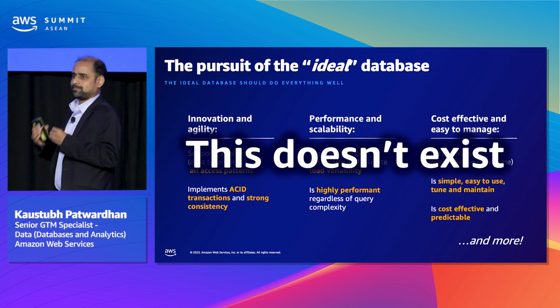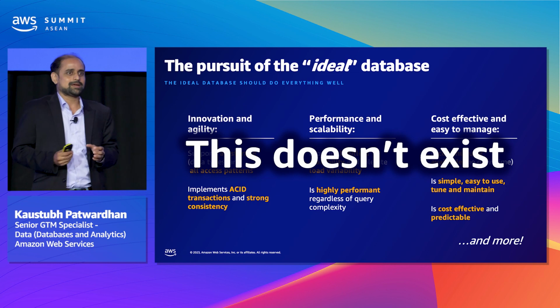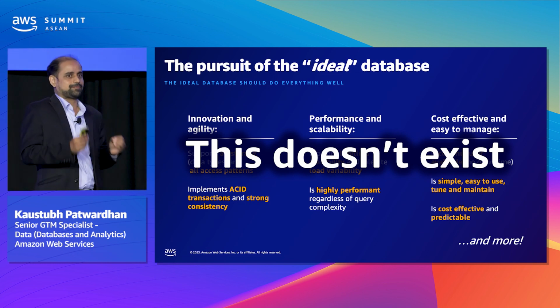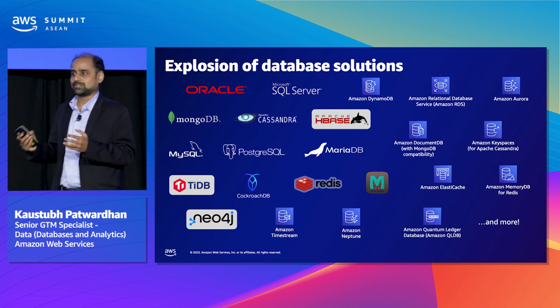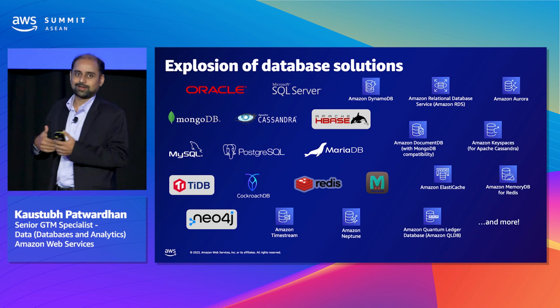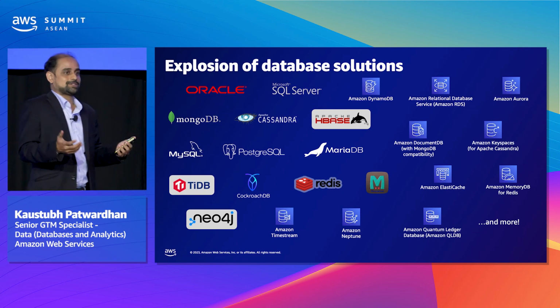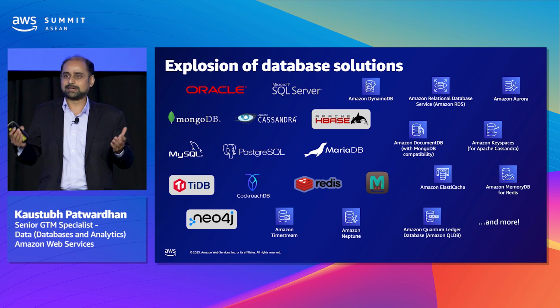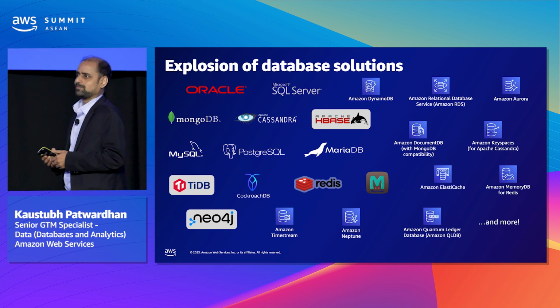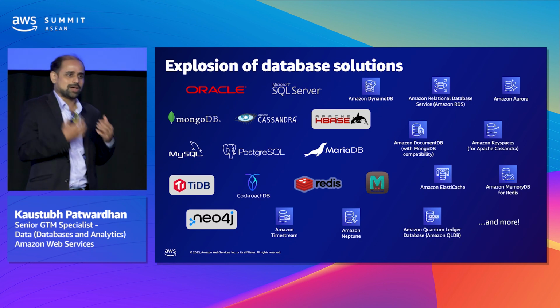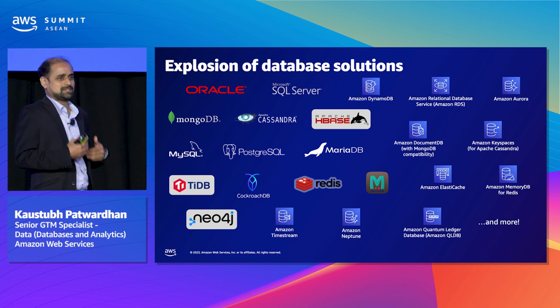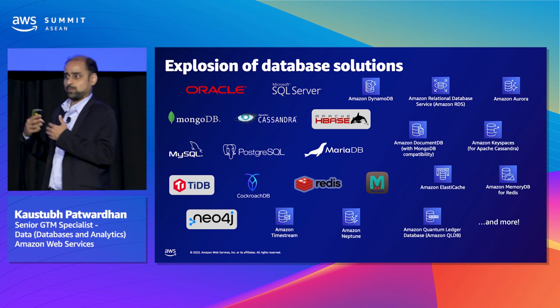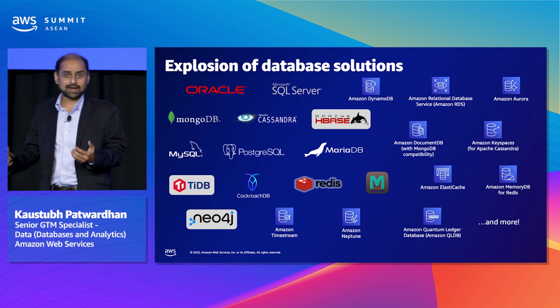Even the most popular multimodal database today has to live with some kind of trade-off, right? And that's why if you go back and look at your app infrastructure, you will end up having multiple databases, multiple data stores today, right from your relational databases to non-relational databases. Some of them are self-managed, some of them are managed by vendors, some of them are on the cloud.